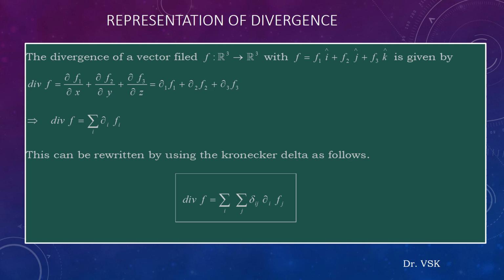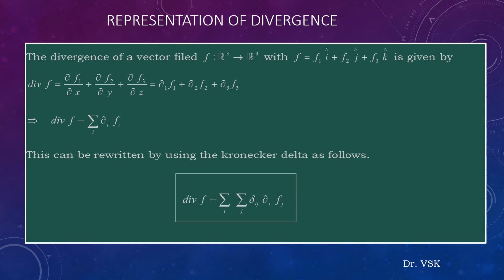This can also be written as div f equals summation sigma over i dou i fi. If we expand this summation, we get back our representation div f equals dou 1 f1 plus dou 2 f2 plus dou 3 f3.